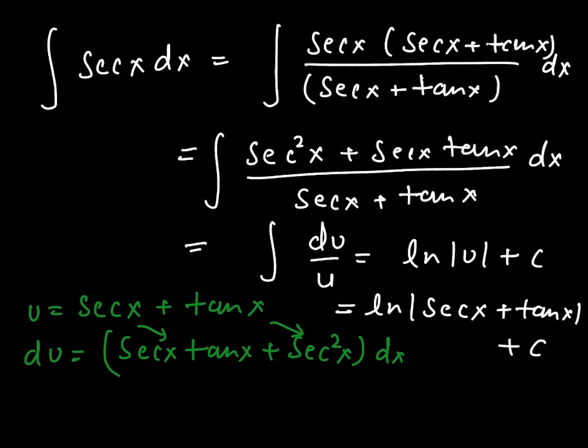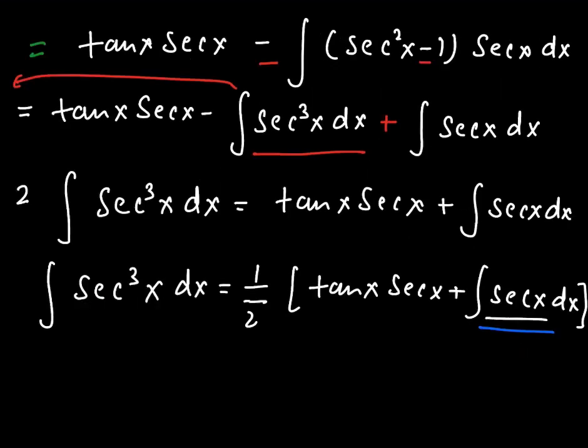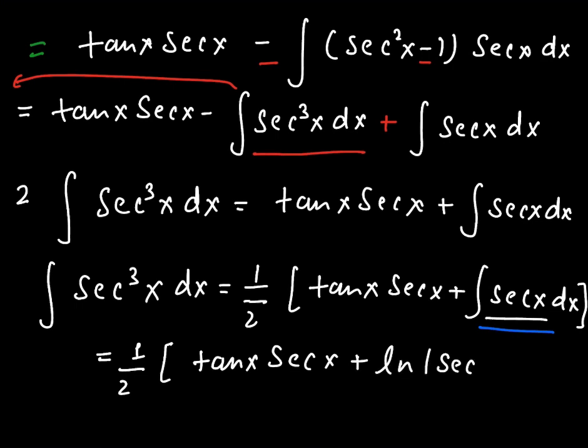Now we would plug in this value in here, so we would have half of tangent of x times secant of x plus ln modulus of secant of x plus tangent of x plus c. So that's going to be our final answer.